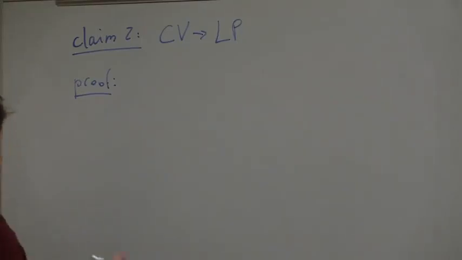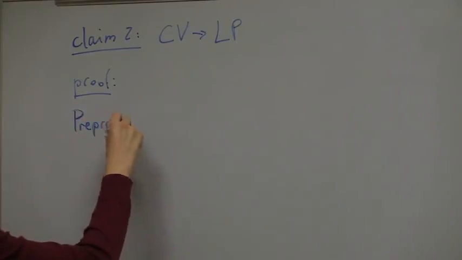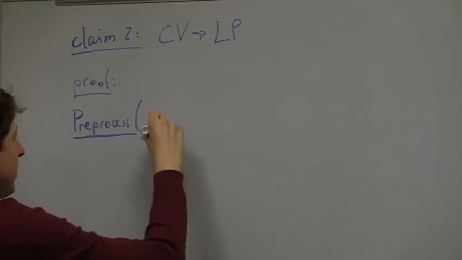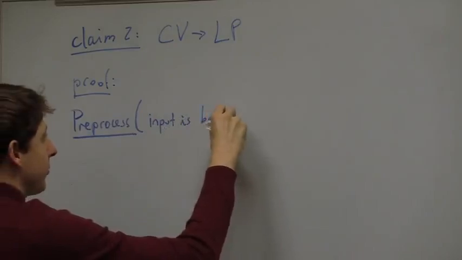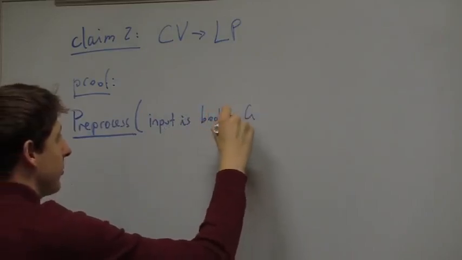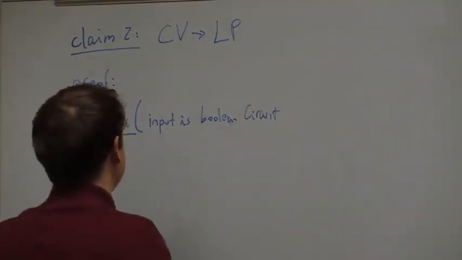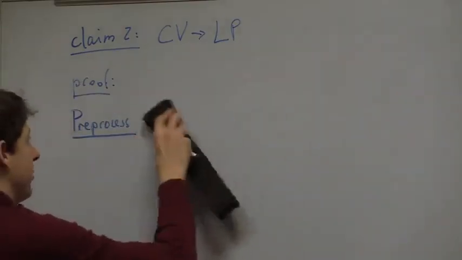We're writing a reduction, so let's first talk about the preprocess algorithm. In the preprocess algorithm, I'm given as input a Boolean circuit. Let me write first what we need to do.